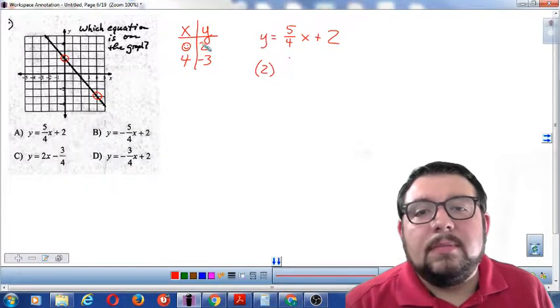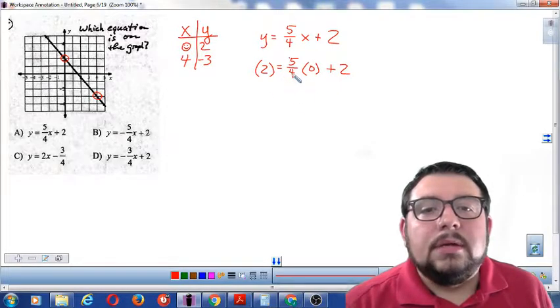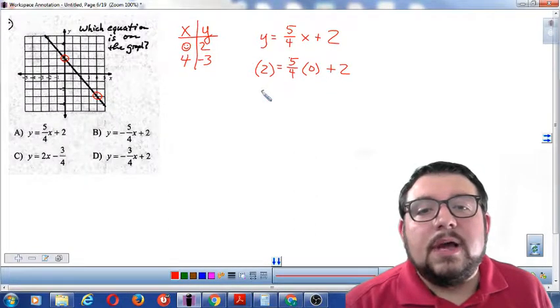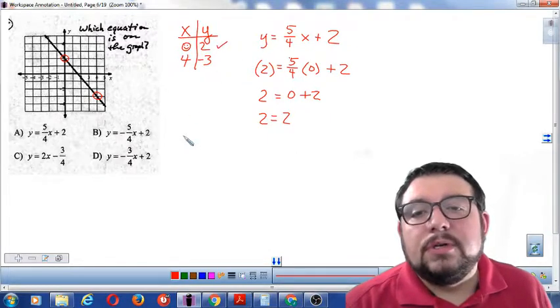So that y became this 2 right here, equals 5/4, and now I'm going to put in this 0, and then that's going to be plus 2. Okay, so what I want you to see here is that 5/4 times 0, anything times 0 is going to make 0, so I get 2 equals 0 plus 2, and 0 plus 2 is obviously 2. So that makes sense. So point number 1 confirmed for choice A.